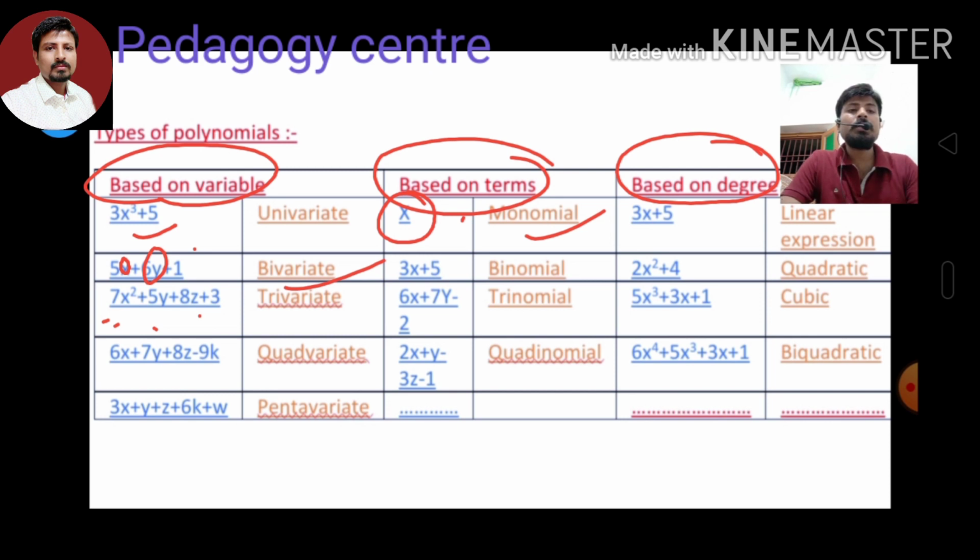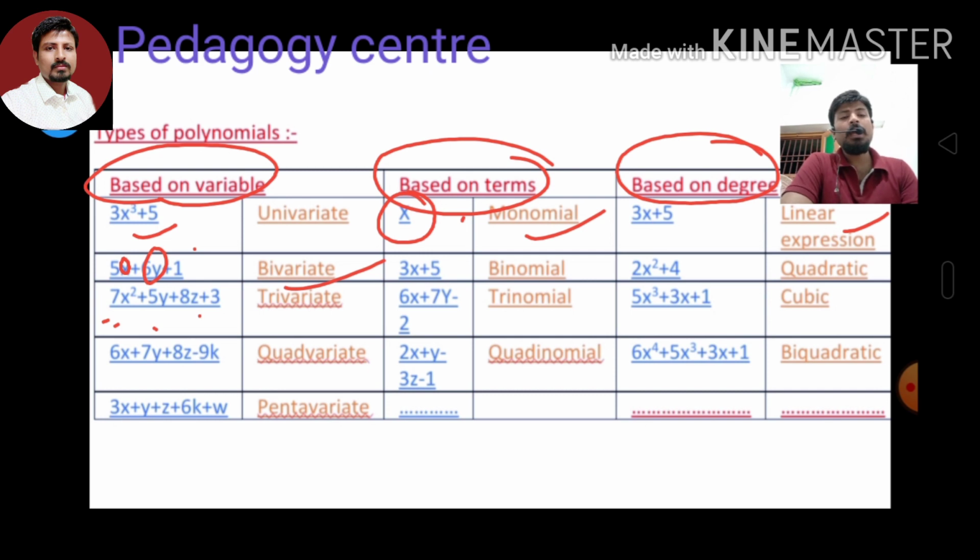So you see here, any polynomial which has degree 1 is called a linear expression. For example, 3x plus 5: here the exponents of the variable are 1 and 0 and the highest exponent of the variable in this expression is 1, so it is a 1 degree polynomial and so it is a linear expression.